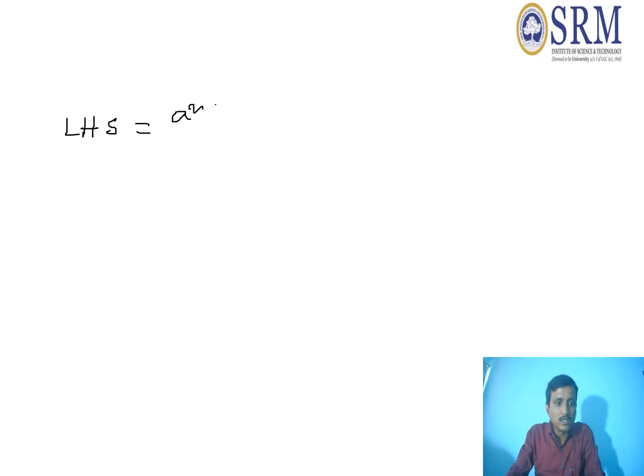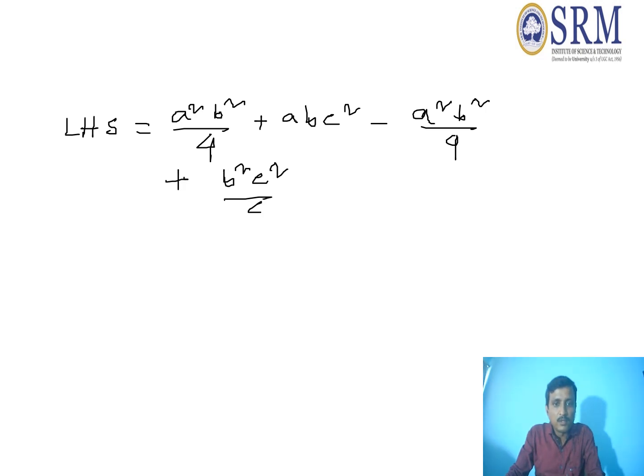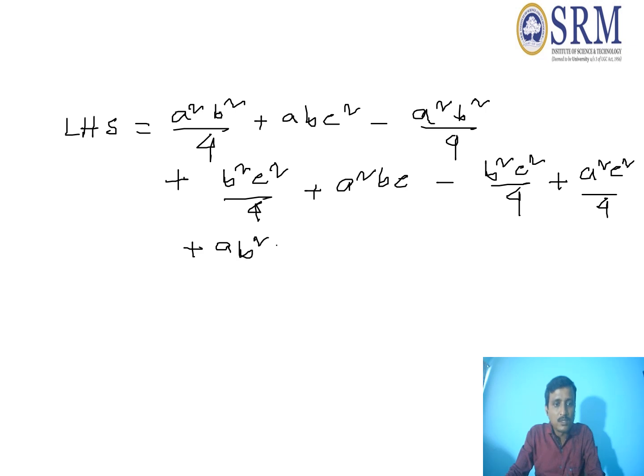So a square b square by 4, and all 6 values you substitute: abc square minus a square b square by 4, and b square c square by 4 plus a square bc minus b square c square by 4, plus a square c square by 4, plus ab square c minus a square c square by 4.